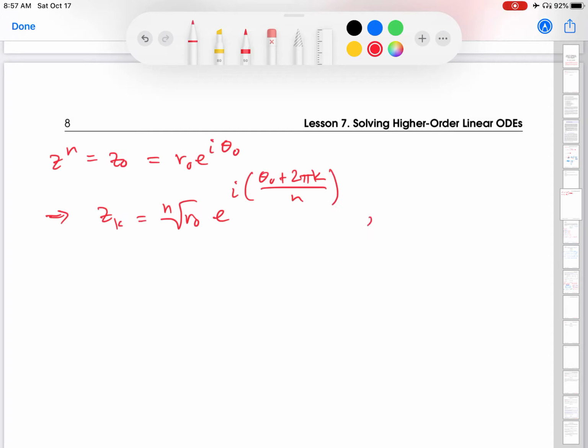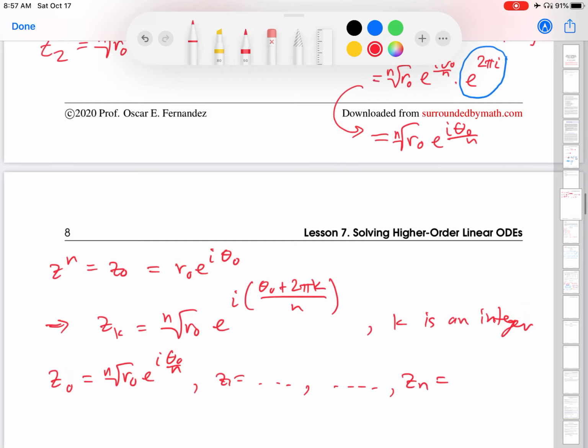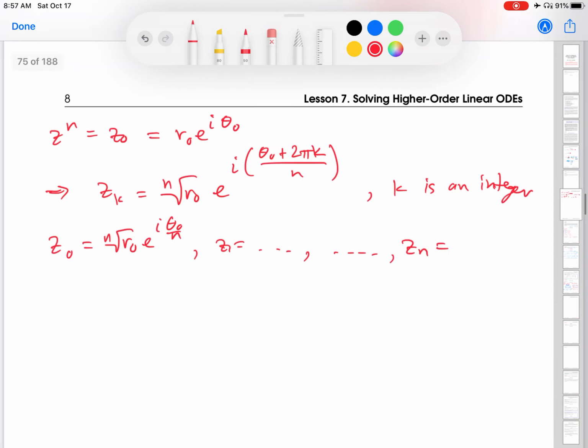Now, I originally had that k was an integer, and that produced an infinite number of solutions. But now that I've started writing them out, I started with z sub 0, and I got that one. And then I wrote z1, and then I kept going. And now that I wrote zn, I noticed that I get back to the z sub 0 solution.